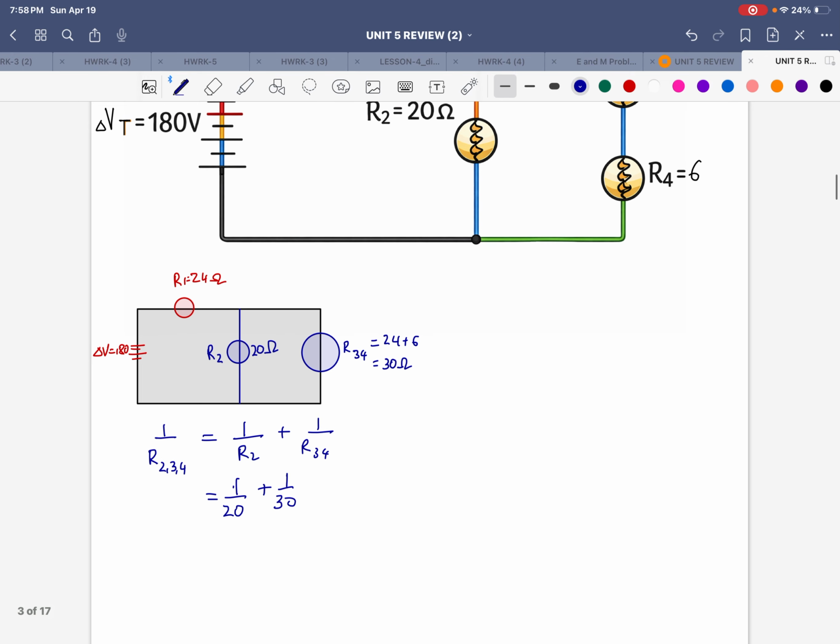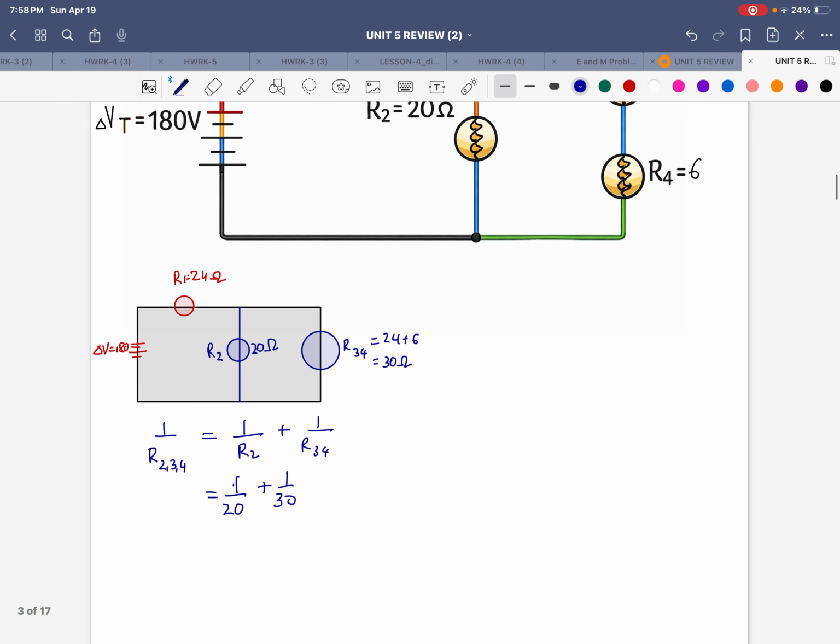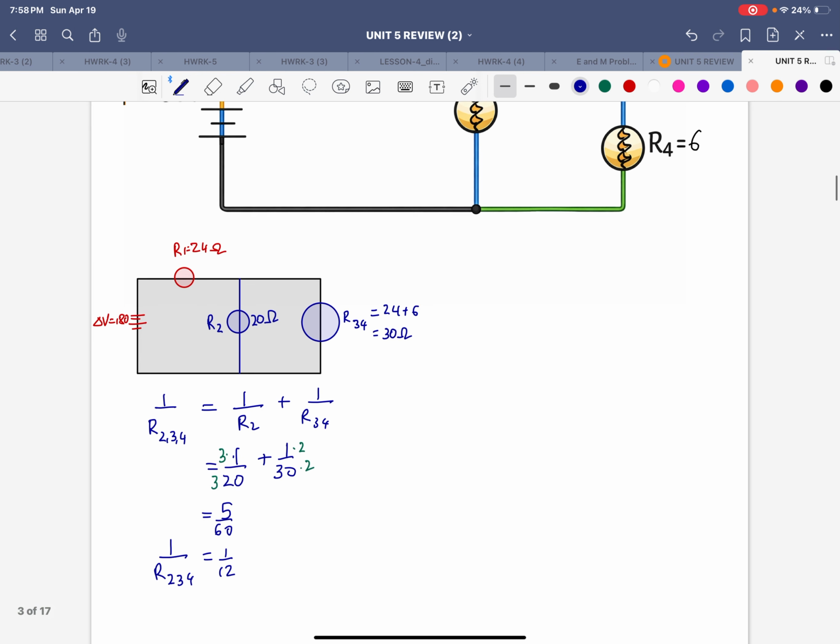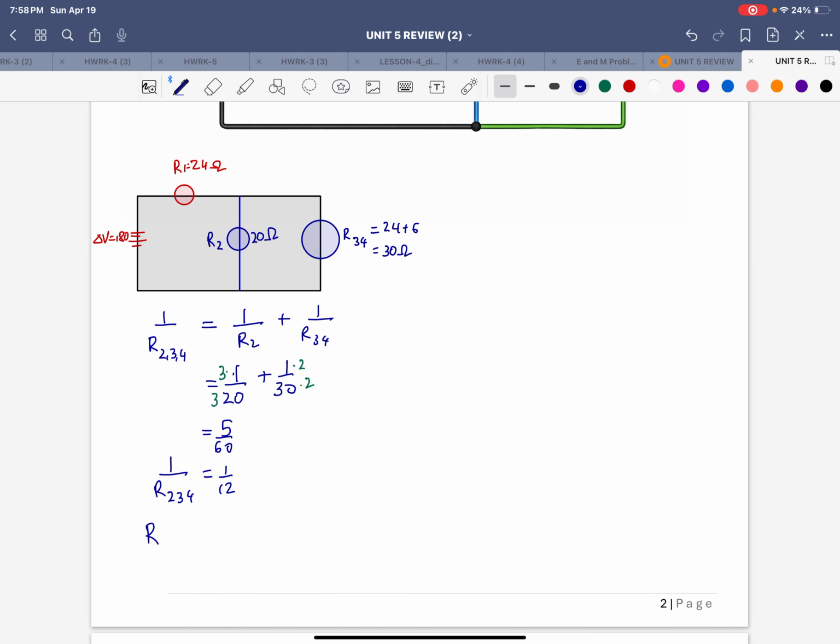So we're going to add them together. So lowest common denominator seems to be equal to 60, multiply here by 3 and here by 2, and we got 5 over 60, which simplifies to 1 over 12. So 1 over R234 is 1 over 12, which will make R234 equal to 12.